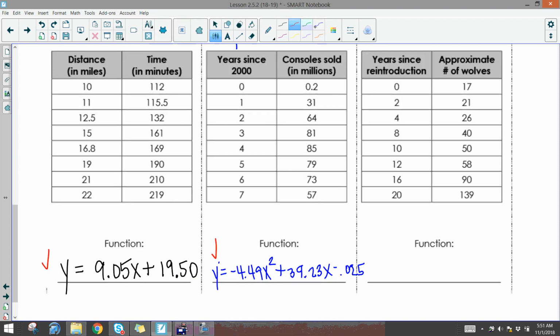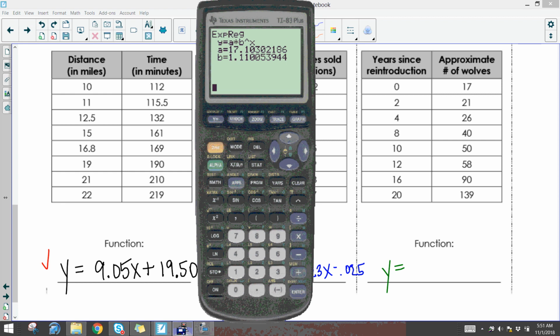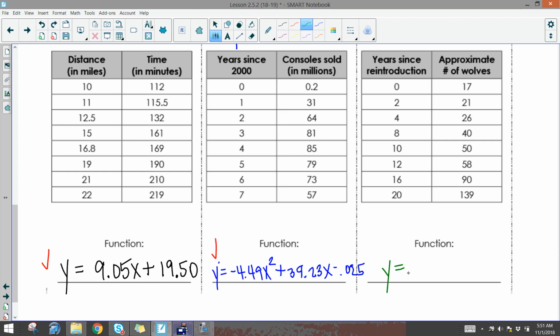So if we do go with exponential here, that would be y equals, I don't really know why I think I'm going to remember this. Wishful thinking. 17.10, and our B value was 1.11 to the x.